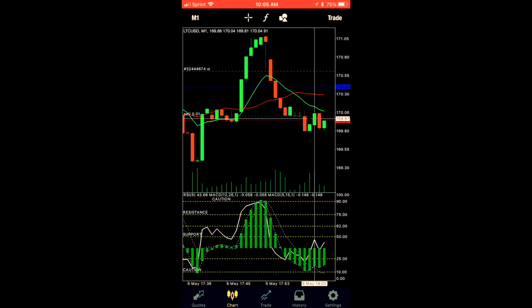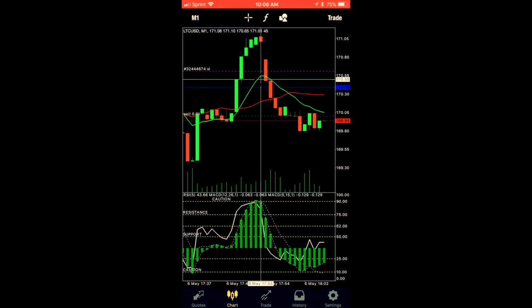You just want to ride it on out, as long as this is still there. Look at the difference between here and here. You see this difference? How crazy it is? But you see right along here, I'm going to leave this marker right there. What happens is that at the bottom, you can see the MACD is starting to lose momentum.